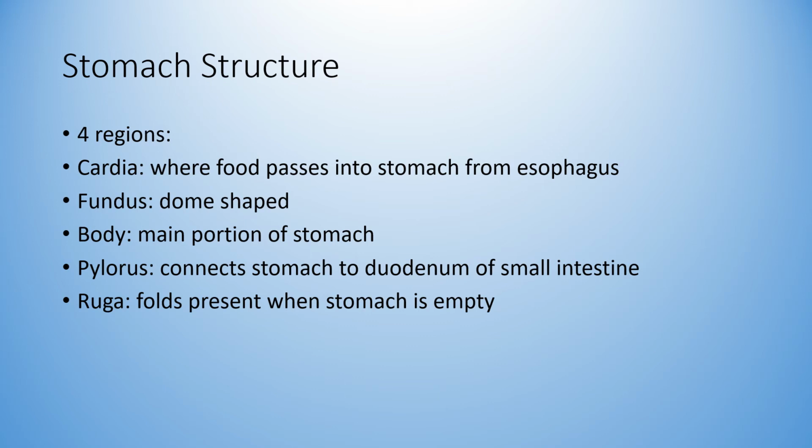Now, the stomach can stretch depending on how much food you eat. When it's empty, it tends to have these folds that kind of fold in mostly around the body area. And that's what we call the rugae. So when you start filling the stomach, those folds are going to stretch out and disappear.